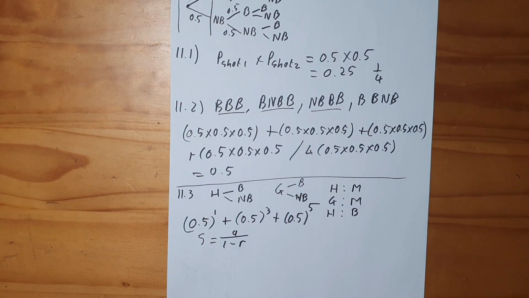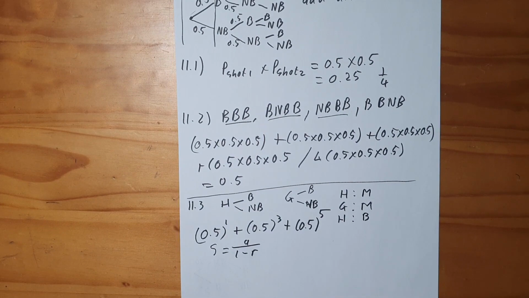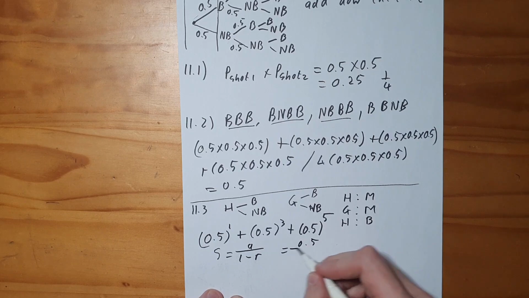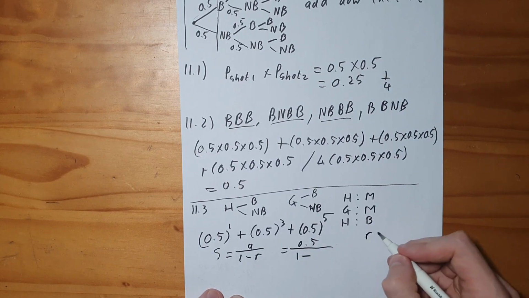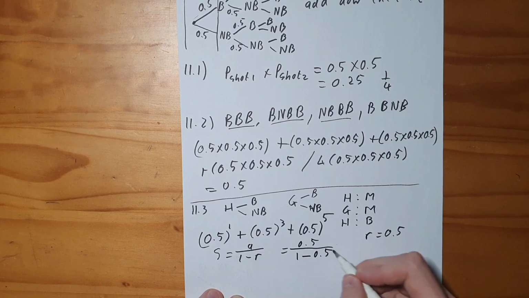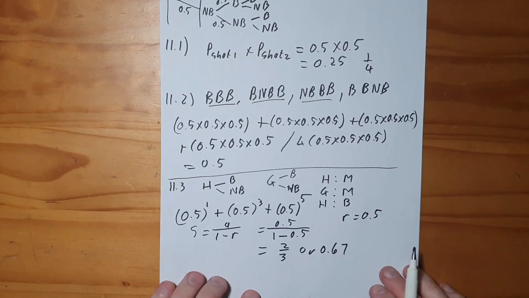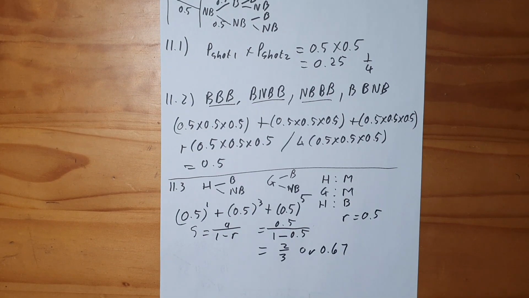If we calculate this, it's going to give us the first term, 0.5, all over 1 minus my ratio. R is 0.5. If we plug that into our calculator, we get 2 over 3 or 0.67. And that is our probability of the person going first winning. That's how we go about doing this question.